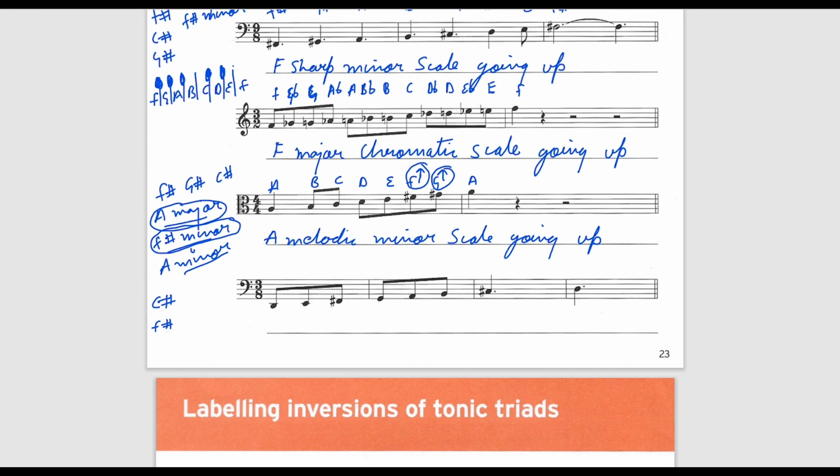So this could be our D major or it could be B minor. Now, starting and finishing on D is one clue, and there are only two sharps and no other accidentals here. So that means this is easy. This is our D major scale going up.